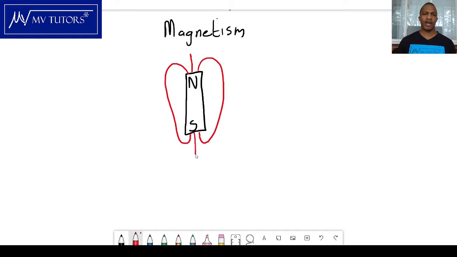The magnetic field is always flowing from what? From the north to the south. Just like that. From north to south, which means from the north it's flowing away, and then at the south it's flowing into the south, like that. So now this is really the magnetic field.